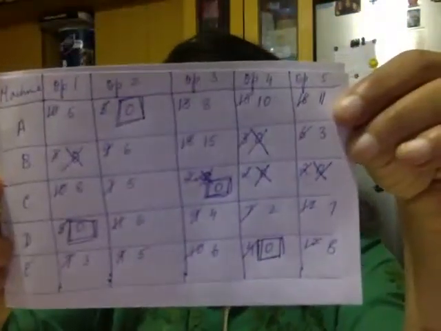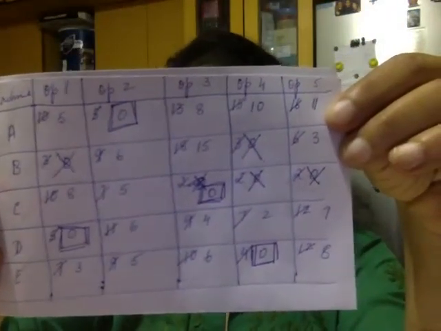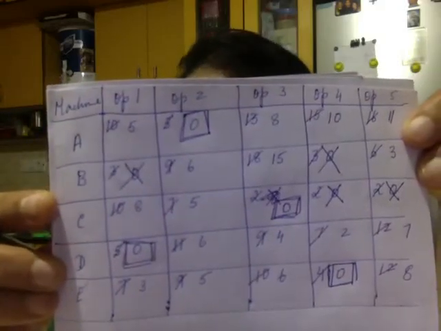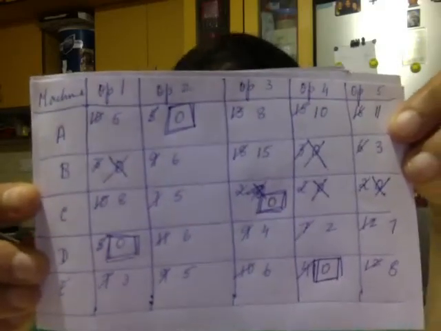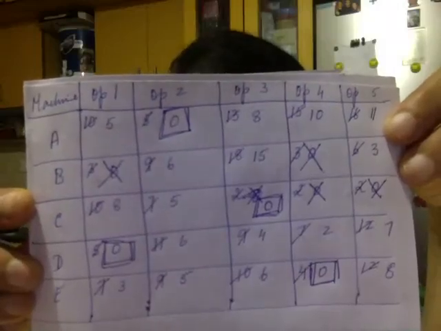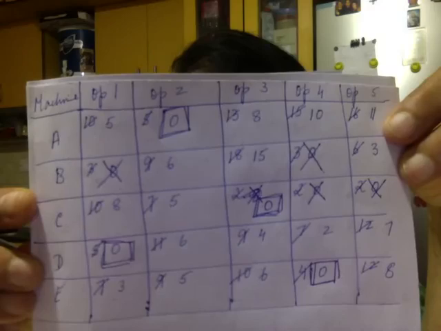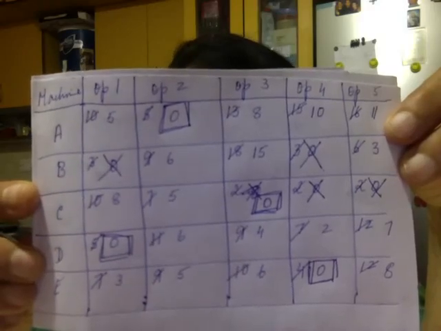And put a cross for the other two. Actually, when we do it in class, we'll put crosses on all three. D, I've allocated to 1 and E, I've allocated to 4. Now, what do we do?